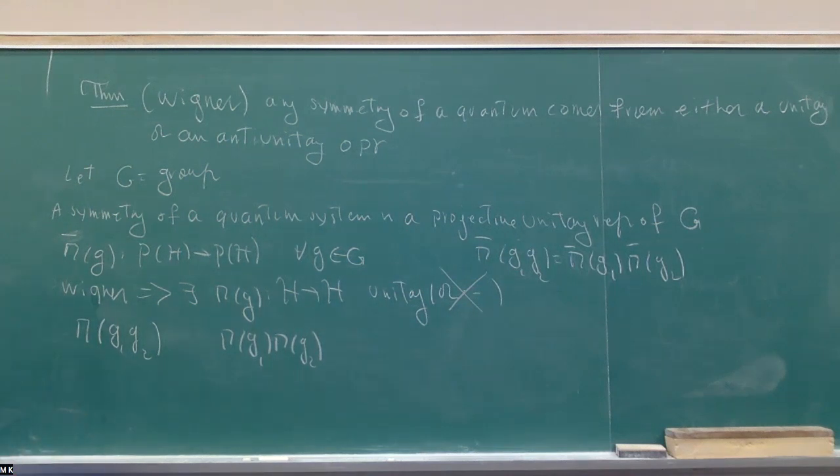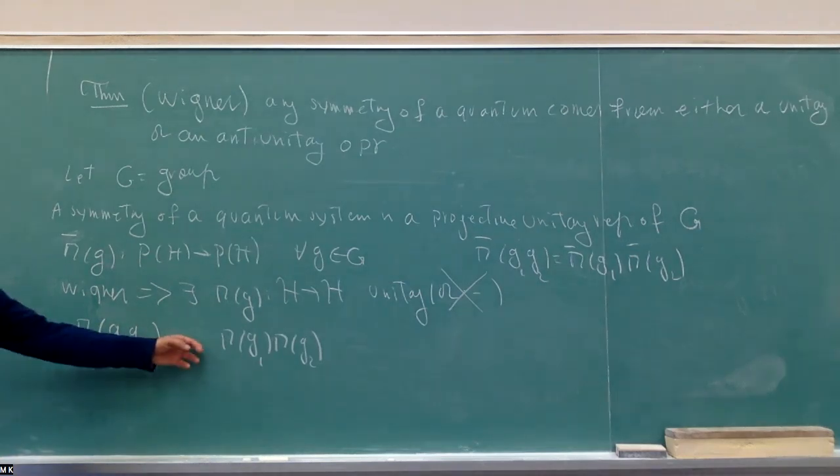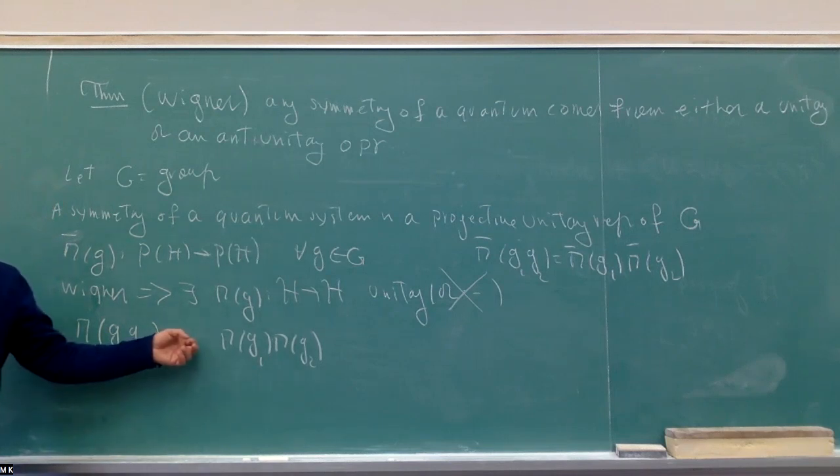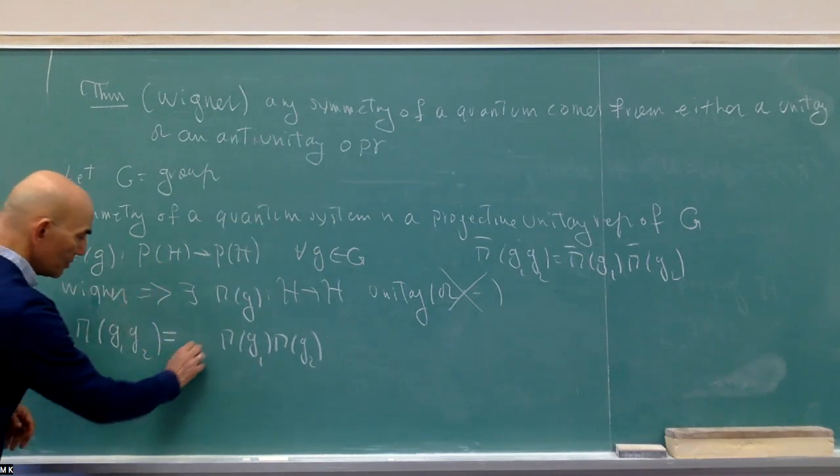So what is the relation between these two things? We cannot say necessarily they are equal, or we don't have to assume they are equal. All we can say is that this should be equal to some omega of G1, G2 times the other.